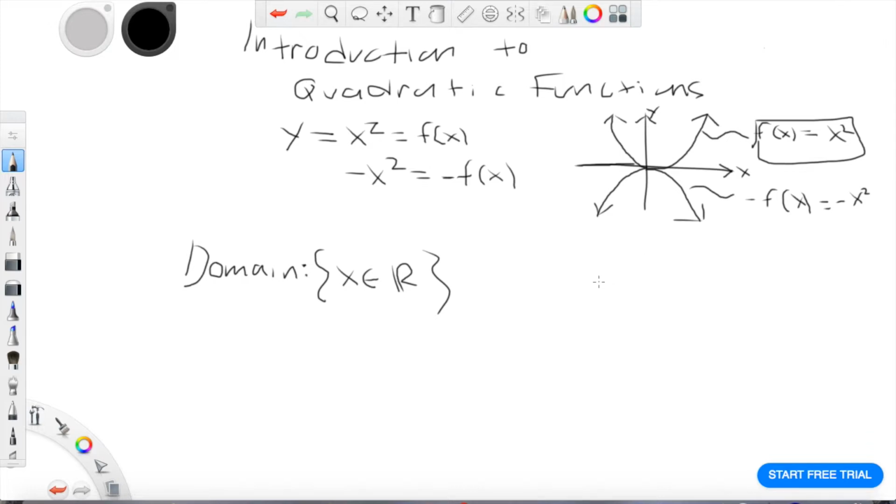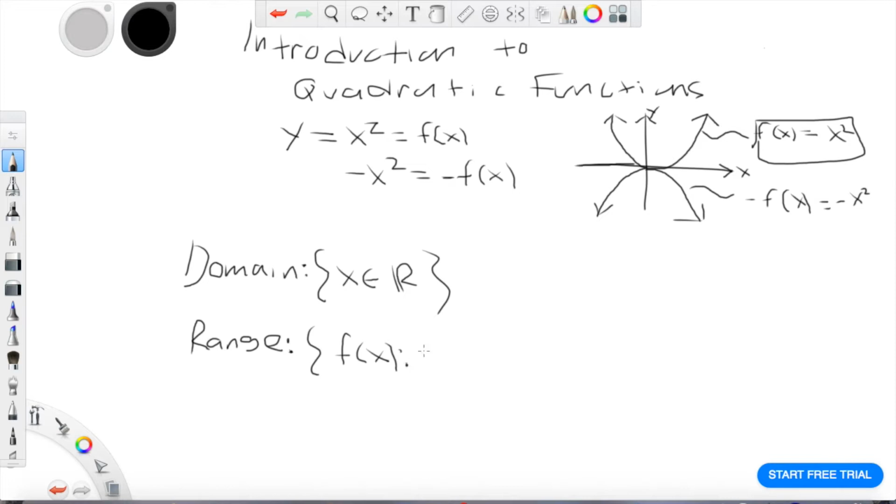What about the range? Well, the range is pretty interesting, so let's look at the range. So let's do the range of f of x first. And again, it's this upward parabola.